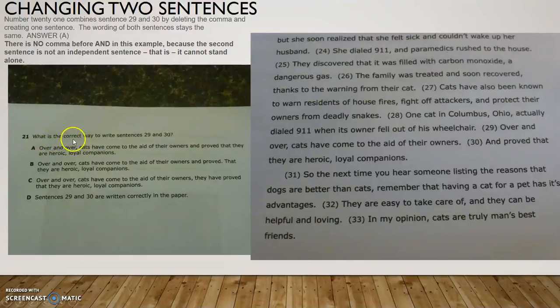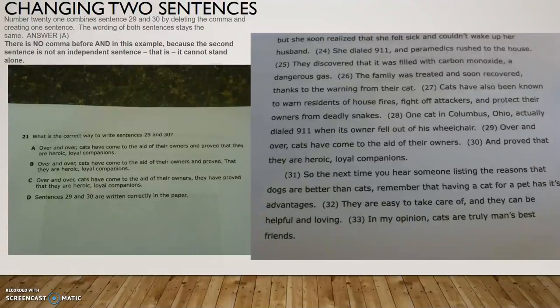The first thing I notice is it says correct way. So that means that something is not correct in 29 or 30. And then I see sentences 29 and 30, so automatically my brain says, uh-oh, they want me to combine these 2 sentences in one of the 4 ways because one of those sentences is wrong.